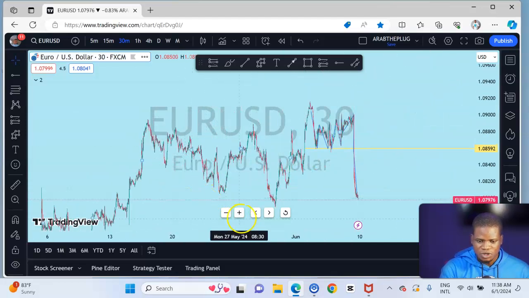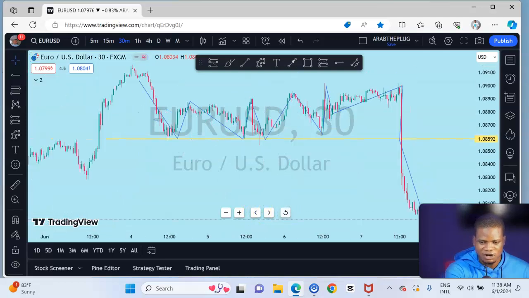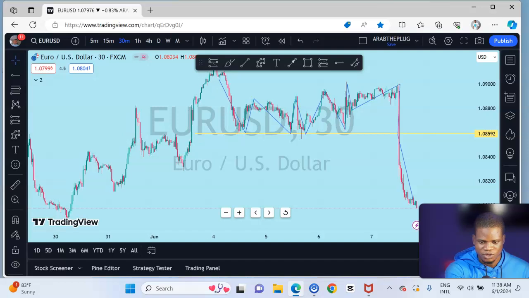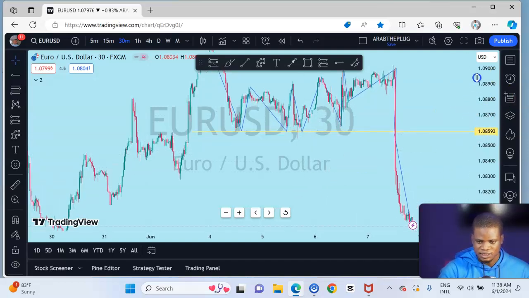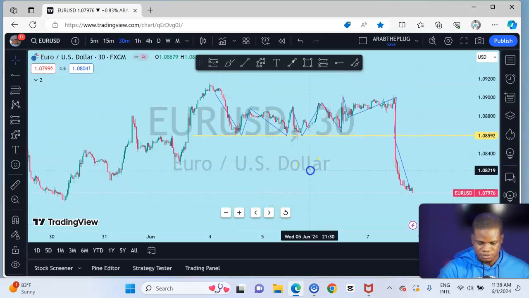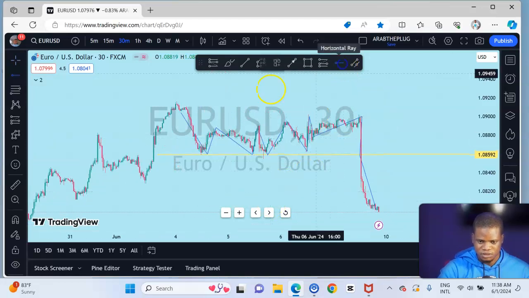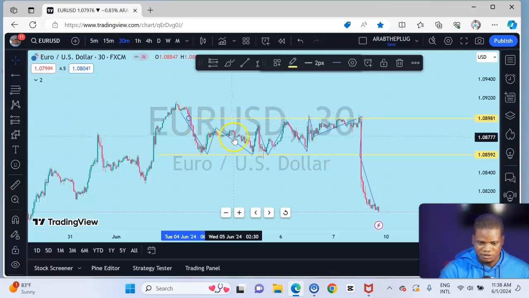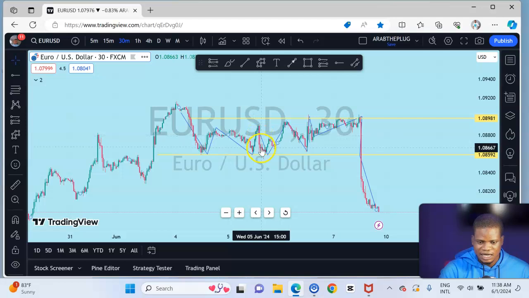So also we can look at this area as an area of resistance. Right? This particular area, you can look at it as an area of resistance because anytime price comes to this area, it bounces.